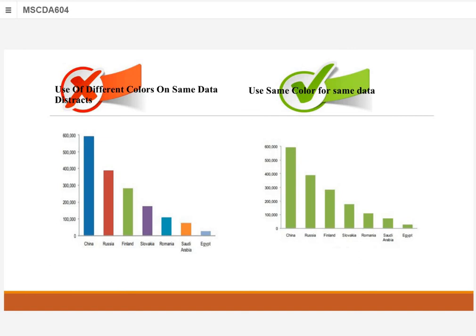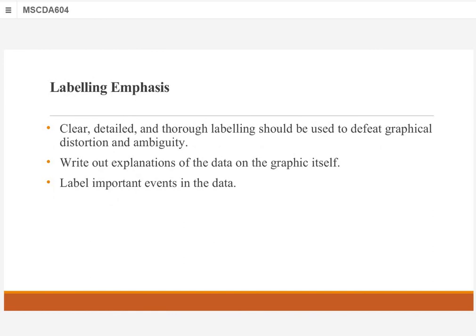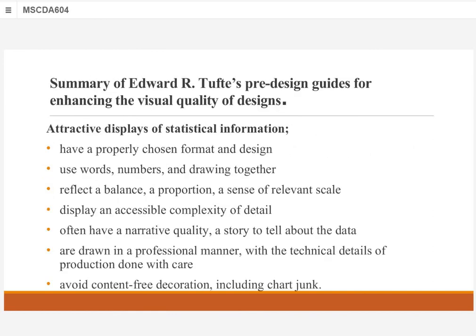Red for danger, but it also can be used for drawing attention. So the choice of color is also very important, and you also need to label your. Oh, it's now 9:05. Let's just finish this slide and go for a short break.